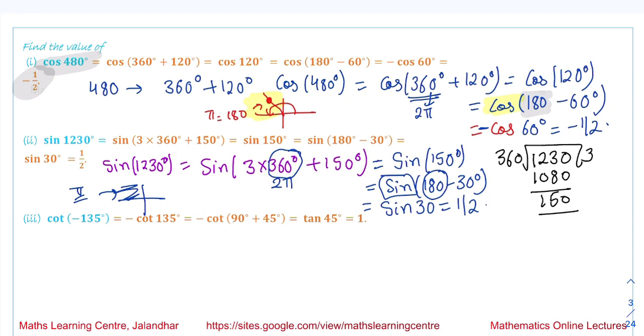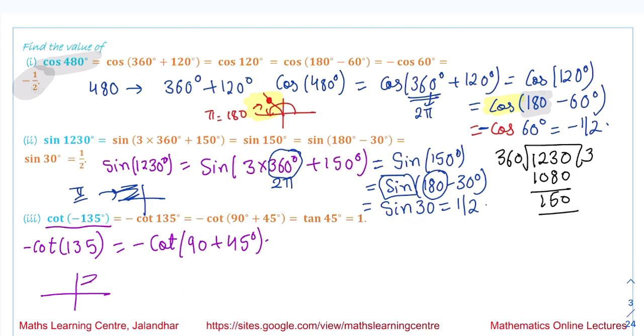Next is cot of minus 135 degrees. We know that cot of minus theta is equal to minus cot of theta, and this value 135 we can write as minus cot of 90 plus 45 degrees. Look at this, this is a 90 degree angle, and 90 plus 45 will be in the second quadrant, and the value of cot will be negative in the second quadrant, so the answer we write is minus of.